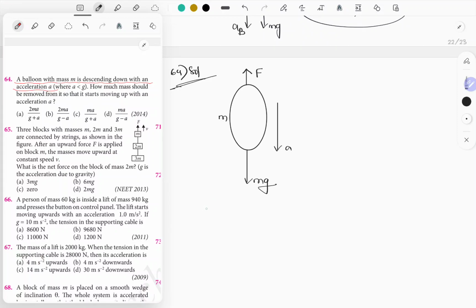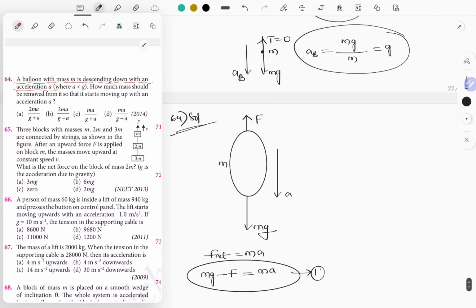Let me write down that equation. According to Newton's second law, F net is equal to m into a. So what is F net here? mg minus F upthrust, which is equal to the mass into acceleration. This is equation 1.